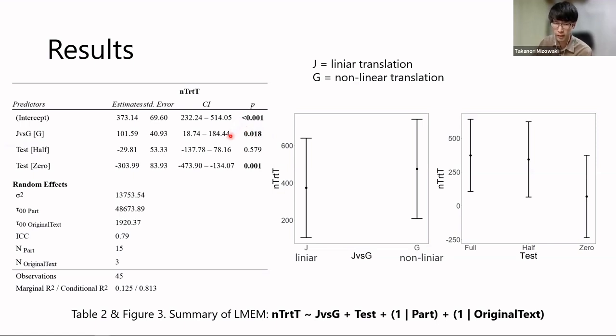And second, among participants who read the linear translation, those who answered both questions correctly on the comprehension test, who got a full score, had significantly longer reading times than those who answered none correctly.